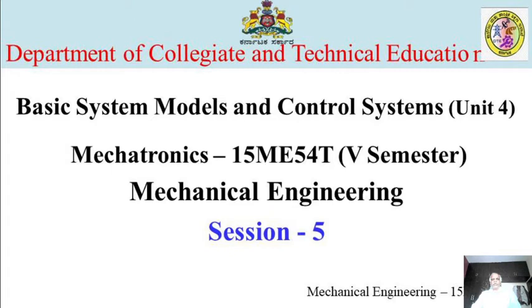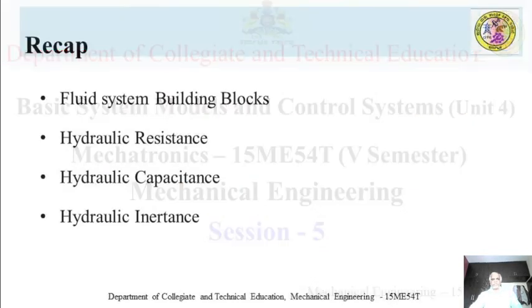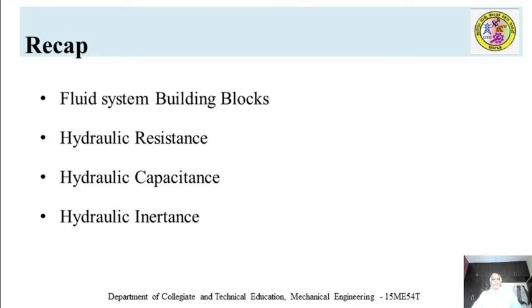So before going into the topics of session 5, let us recapitulate the topics of the previous session. In the last session we have discussed fluid system building blocks, that is hydraulic resistance, hydraulic capacitance and hydraulic inertance.